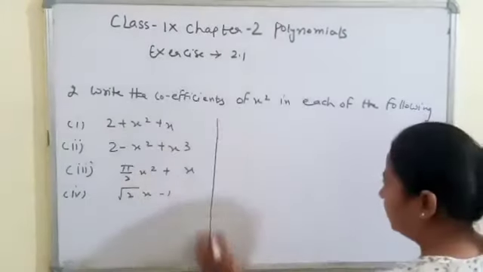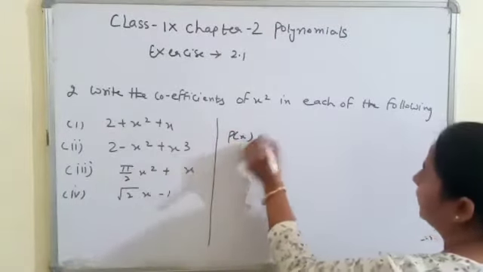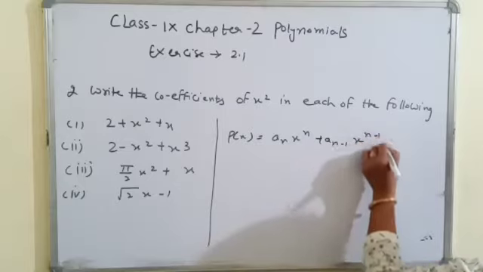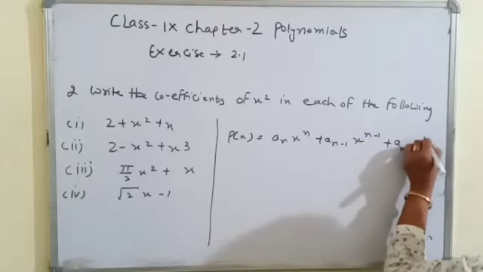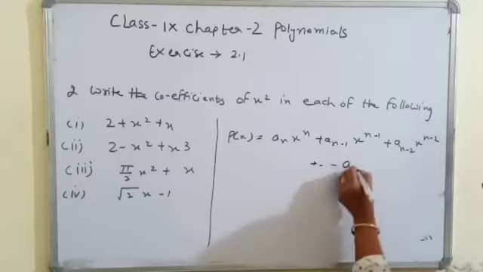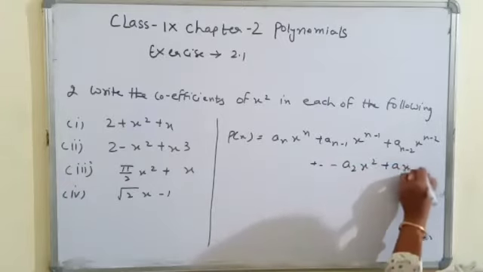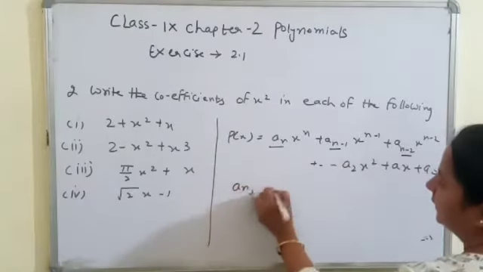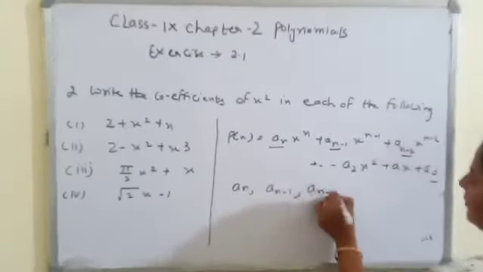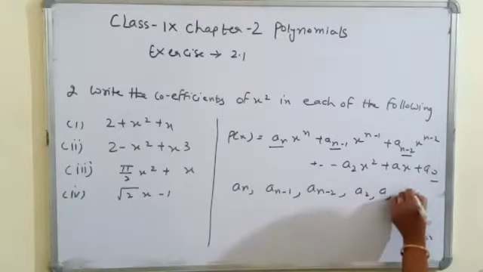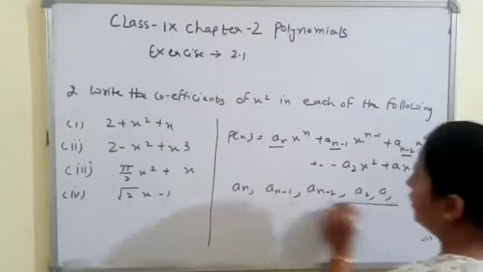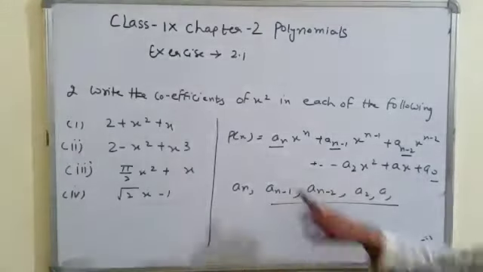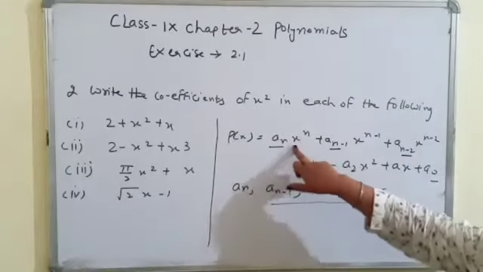When I explained the standard form of the polynomial, a n x n, a n minus 1 x n minus 1, a n minus 2 x n minus 2, and so on, up to a 2 x 2, a 1 x plus a 0, there I was writing a n, a n minus 1, a n minus 2, a 2, a 0. They all are the coefficients of the terms.